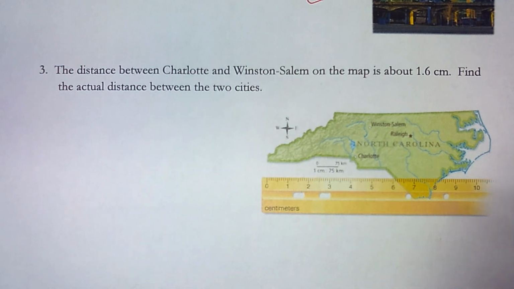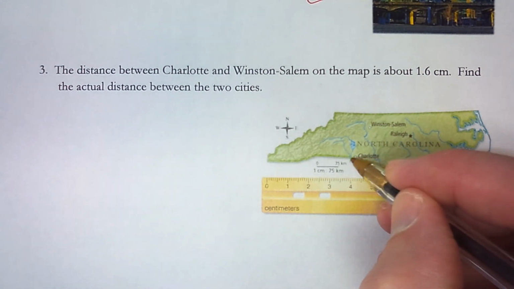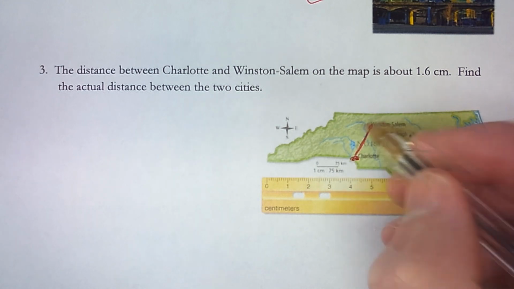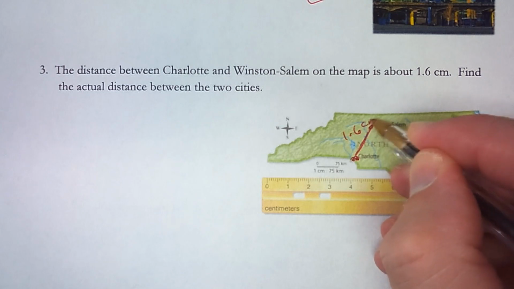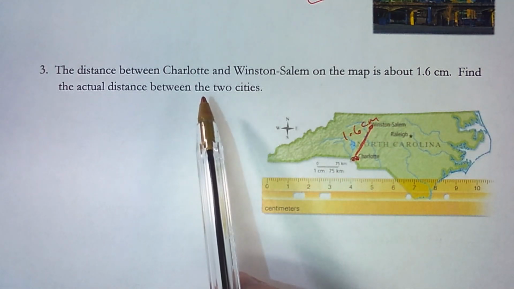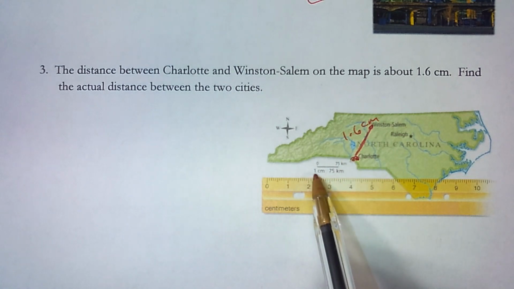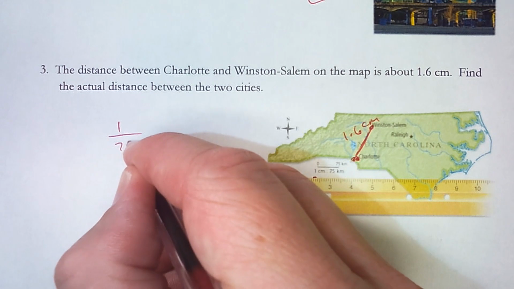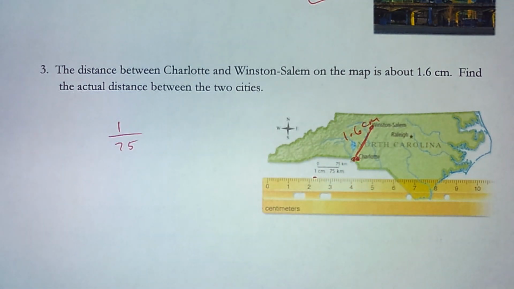Last question. The distance between Charlotte and Winston-Salem on the map is about 1.6 centimeters. So here's Charlotte. Here is Winston-Salem. And that is about 1.6 centimeters. Find the actual distance between the two cities. So the scale is 1 centimeter is 75 kilometers.